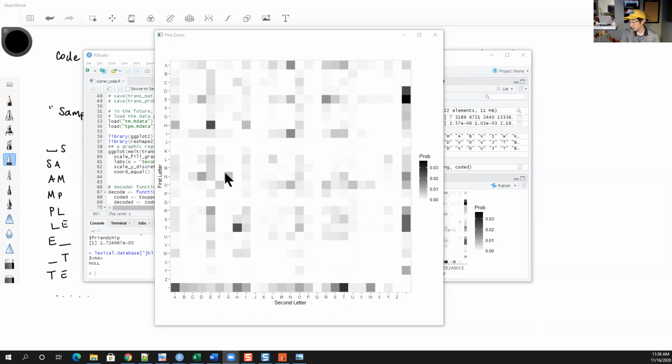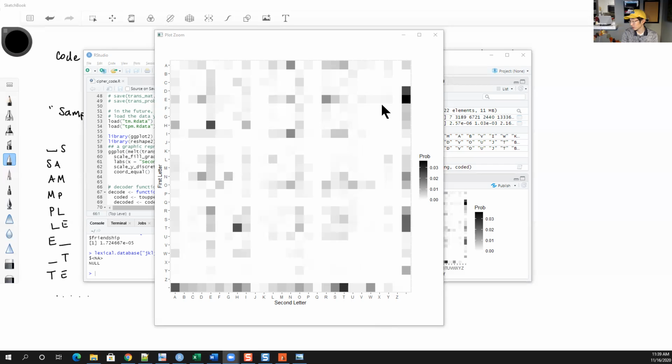You see certain combinations like ND is pretty dark, NG is pretty dark, ON, OR, OU, and things like that. You look at the letter Y. Y goes into YO fairly frequently, and there are a lot of words that end in Y. Not a whole lot of X words, not a whole lot of Z words.